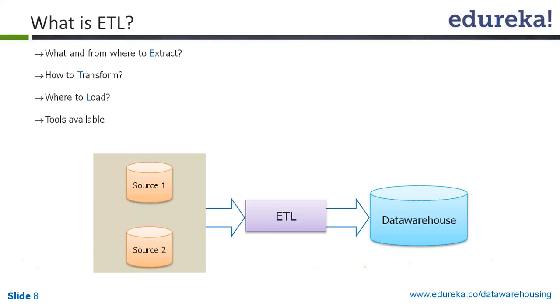So we process those files using an ETL tool, and some of the well-known ETL tools are Informatica and DataStage, but these are very costly and not open source. Talend is one open source system, and Kettle Pentaho BI is also another open source system. So we use any one of these ETL tools to cleanse the data.